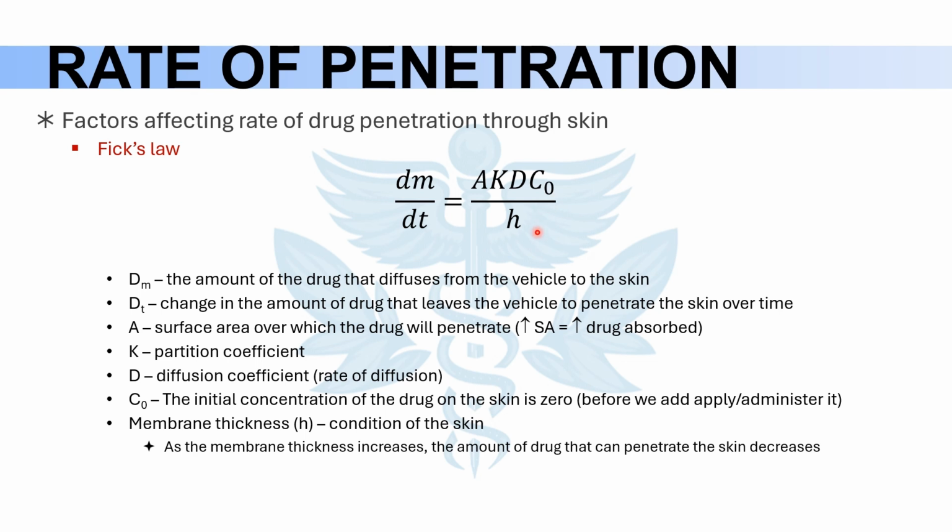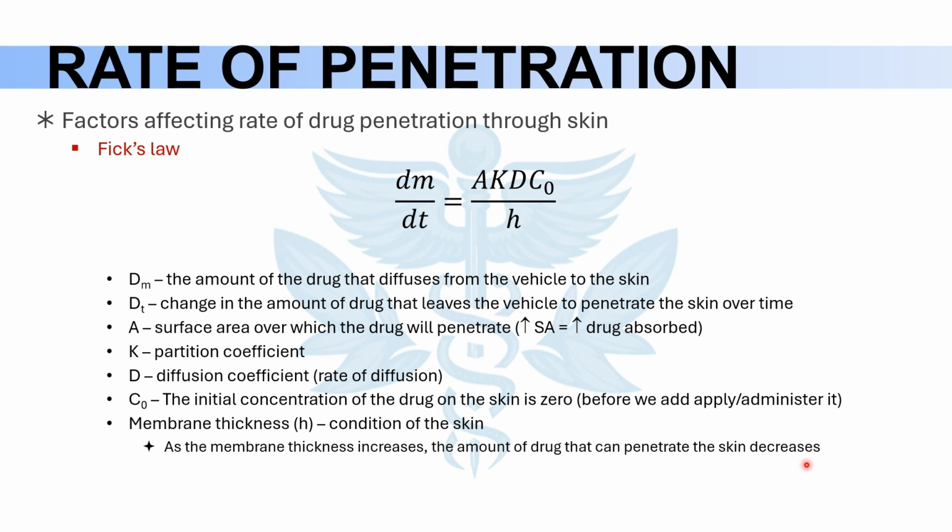And finally, H is the membrane thickness, which is the condition of the skin, whether it is intact, cut, bruised, or dry, for example. And as the membrane thickness increases, the amount of drug that can penetrate the skin decreases.